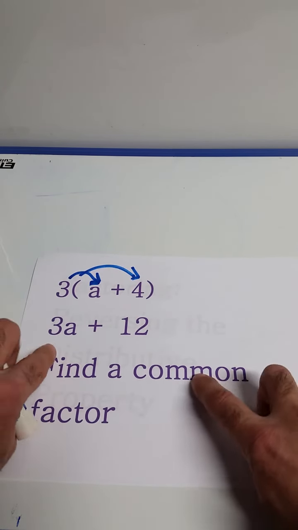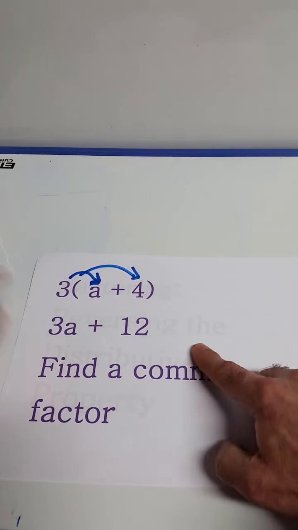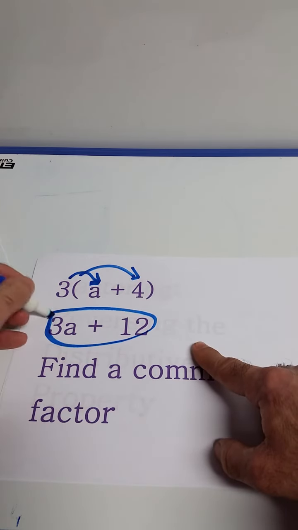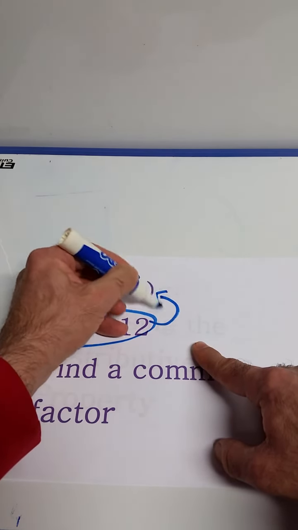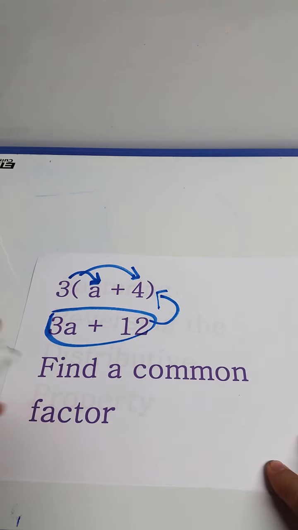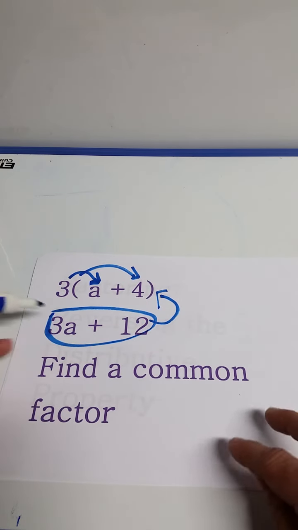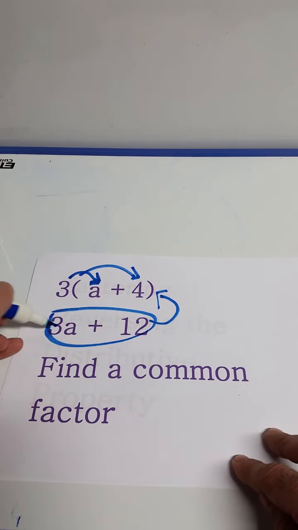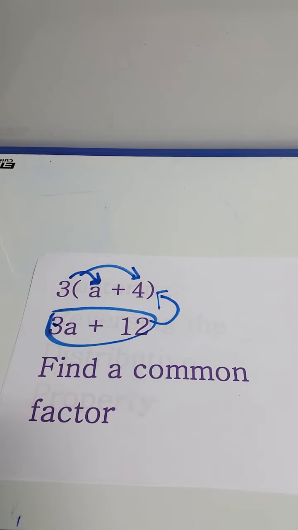When we factor, we want to get back the original expression. So what we have to do is find a common factor. That's why it's called factoring. The common factor here is 3. That's what we're going to use.